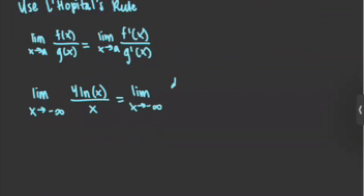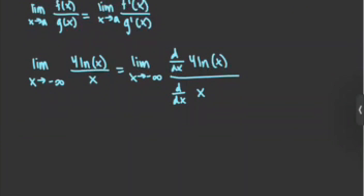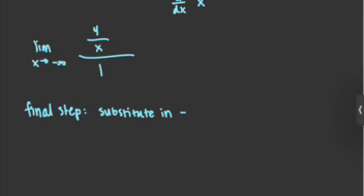So after doing this, we're going to start by taking the derivatives of the numerator and the denominator separately. So we're writing out what we're about to do. After doing this, we're now going to input the derivatives that we found. And then in our final step, we're going to have to substitute in negative infinity for x.